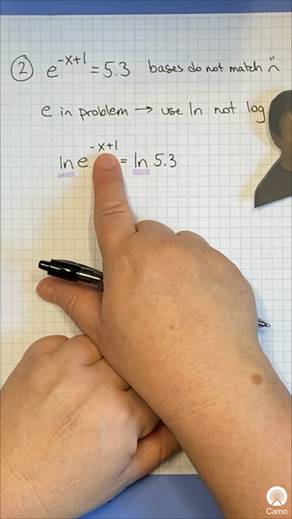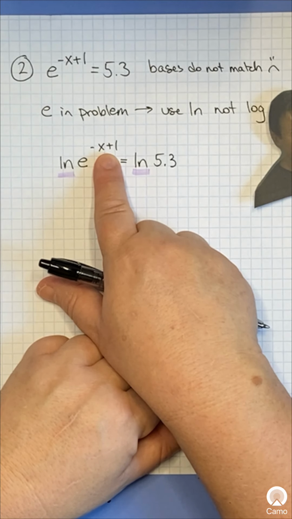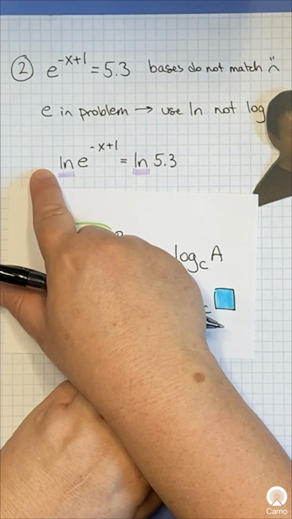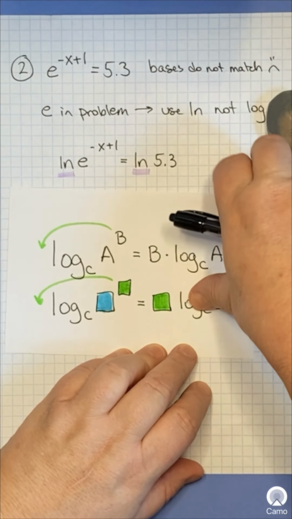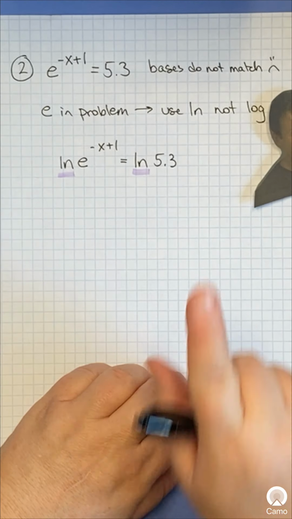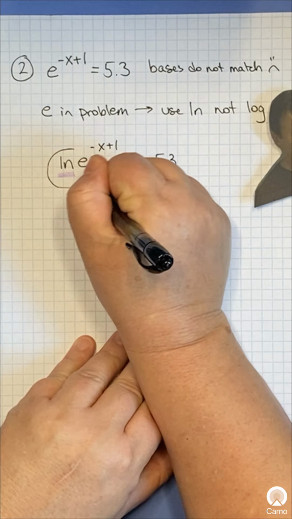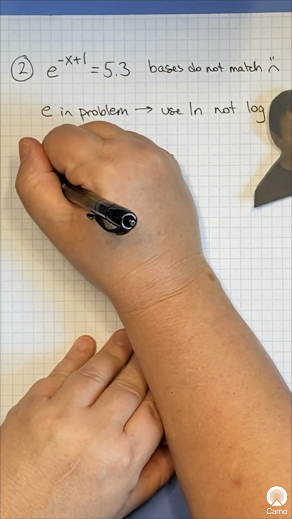Well, there are two ways to look at this. There are two different properties that apply. We could use this property to bring this exponent down, but we also see that in this particular case, natural log and e are inverses.